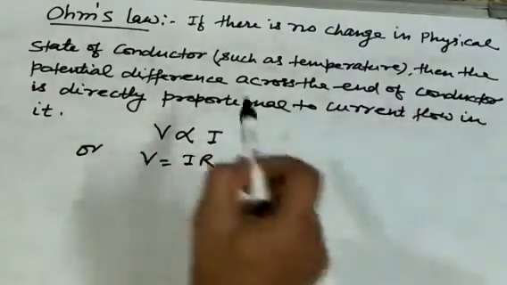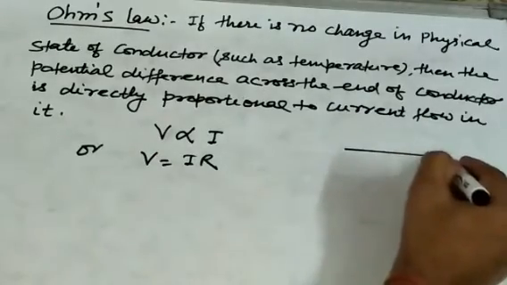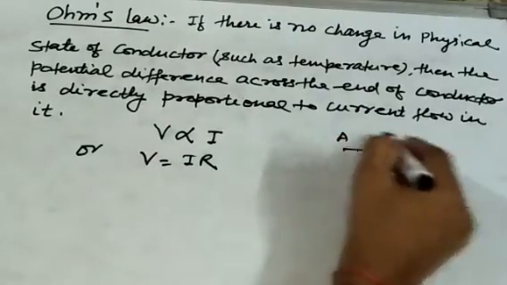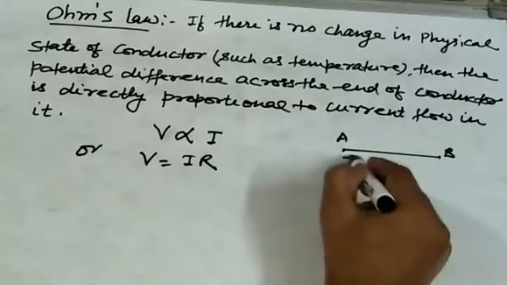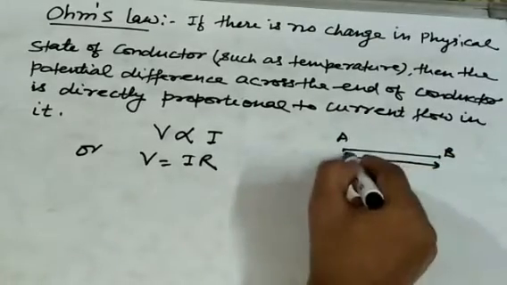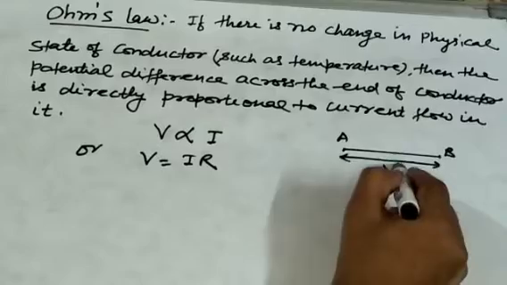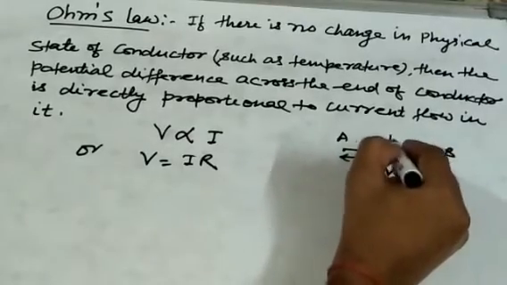current flowing in it. Suppose AB is a conductor, V is the potential difference across the ends of the conductor, and I is the current flowing in it.